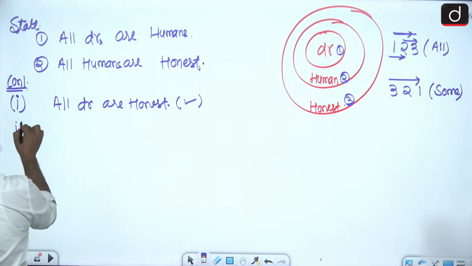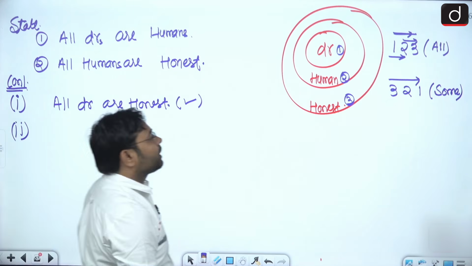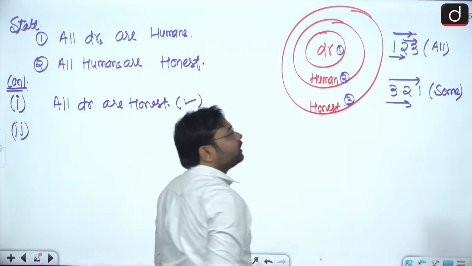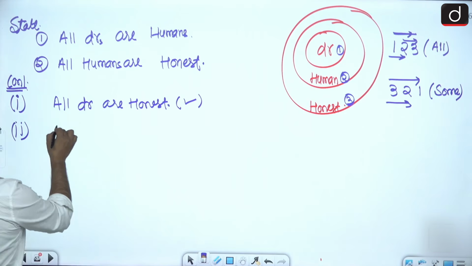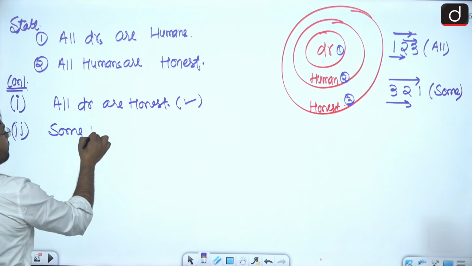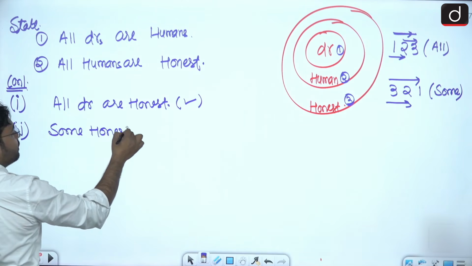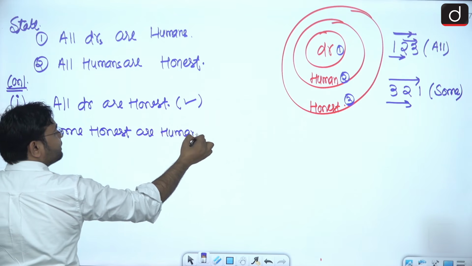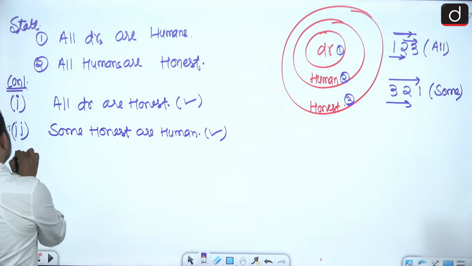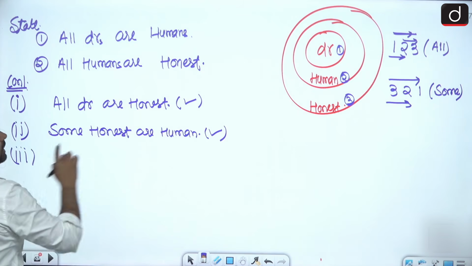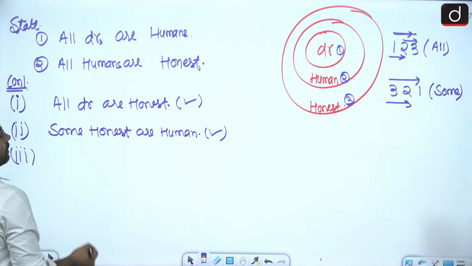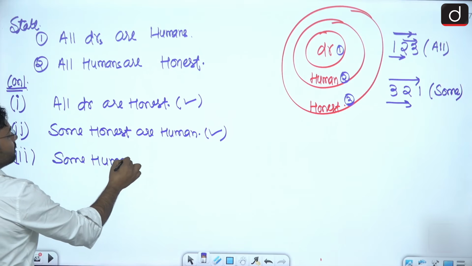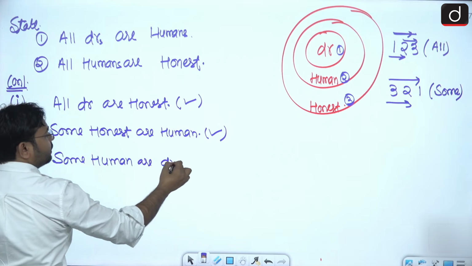Now the second one. If you are going 3 to 2, means honest to human, then you will use some. Some honest are human. This is the valid conclusion. Third one, then 2 to 1: some humans are doctors.